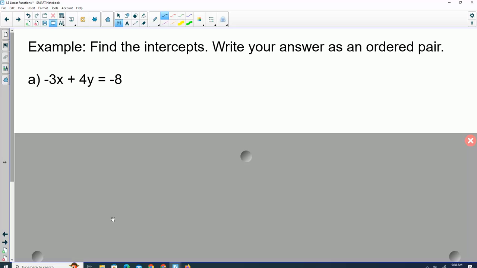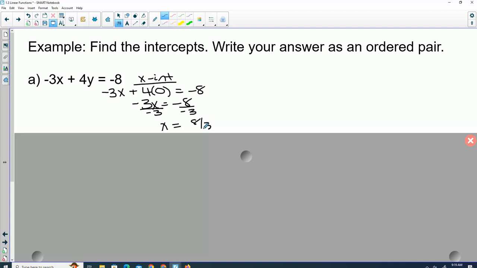So in our calculation, all we have to do is plug in a 0 for the y, and we can solve it. So 3x equals -8. Divide. It doesn't work out nicely, so let's just keep it as a fraction, 8/3.